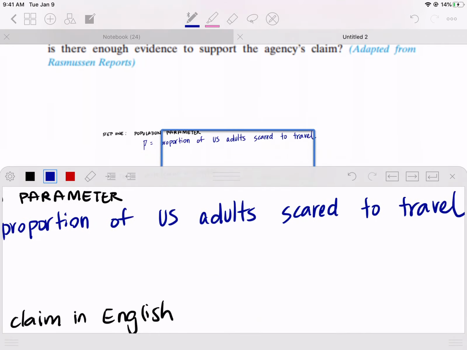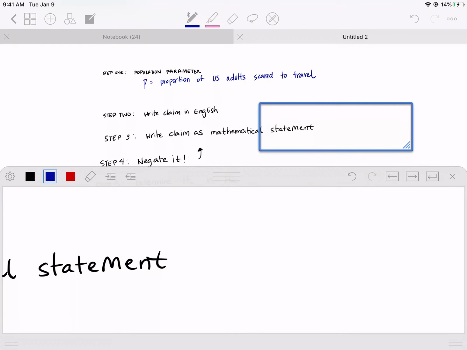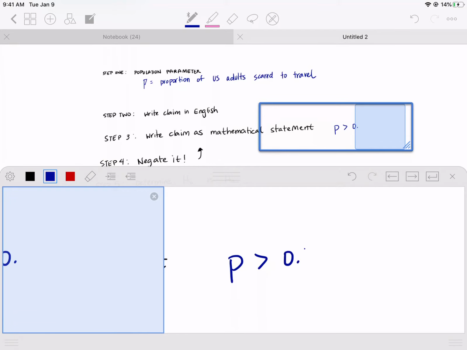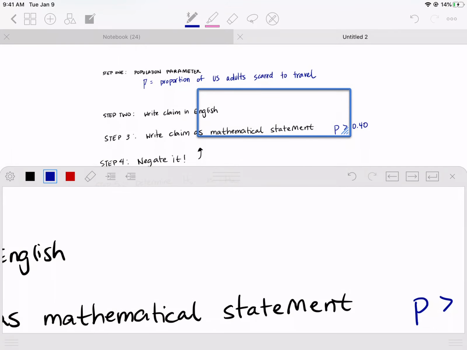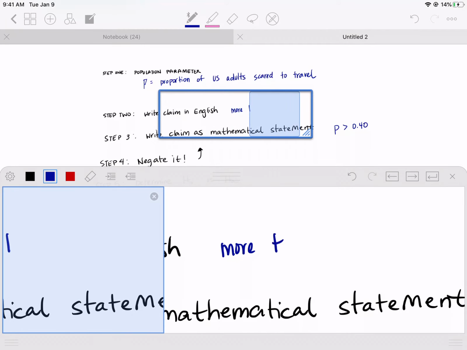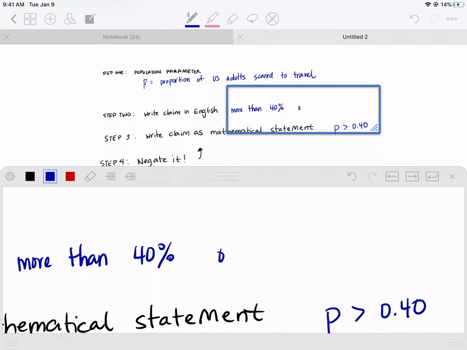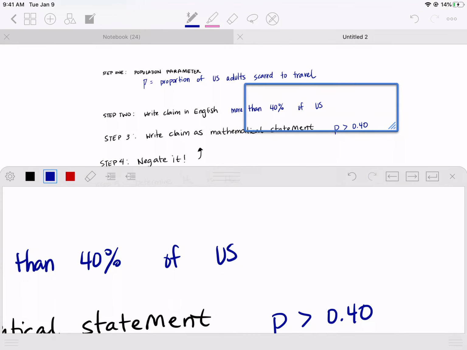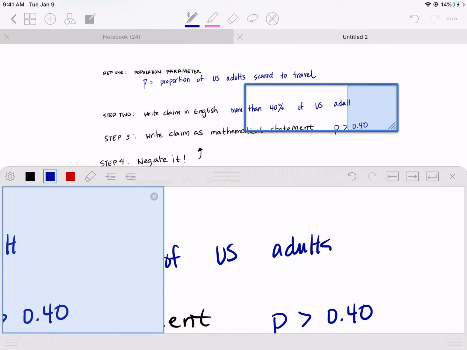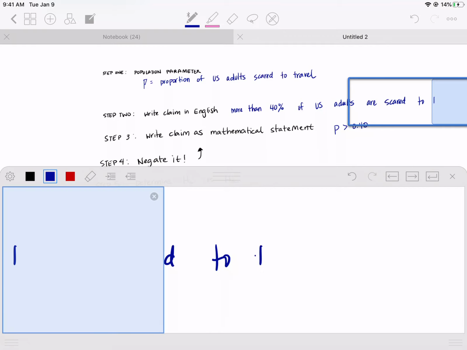P greater than 0.40. So in English, the claim is more than 40% of U.S. adults are scared to travel.